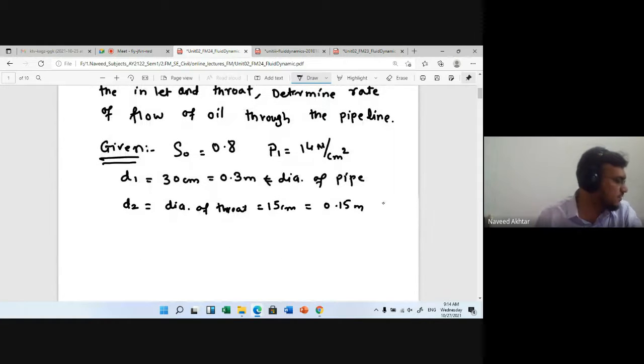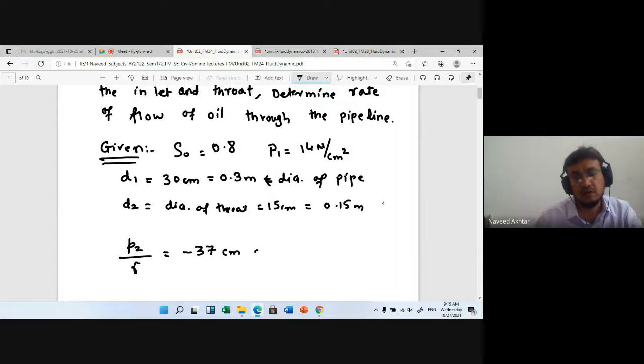Here pressure P2 is given in terms of head, that is P2 upon gamma is minus 37 centimeter of mercury.